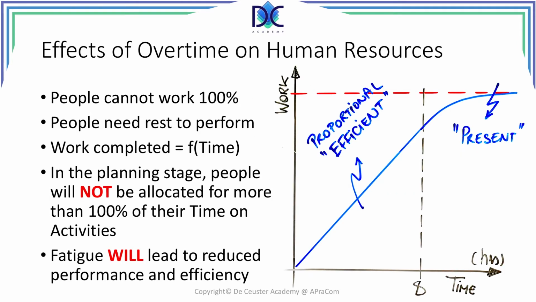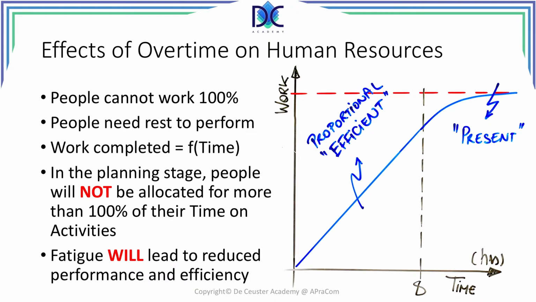The effects of overtime on human resources lead to the fact that their efficiency decreases. During a normal workday, typically 8 hours that people are present at the job, we can say that they are working efficiently.